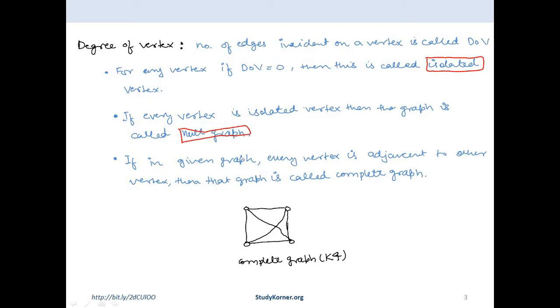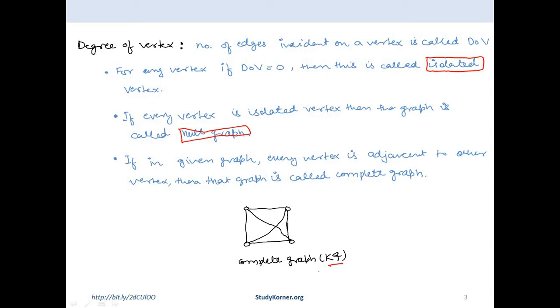If in a given graph every vertex is adjacent to every other vertex, meaning there is a direct path from one vertex to any other vertex, then that graph is called a complete graph. So this is a complete graph with 4 vertices. If a graph is complete with 4 vertices, I call this graph K4.